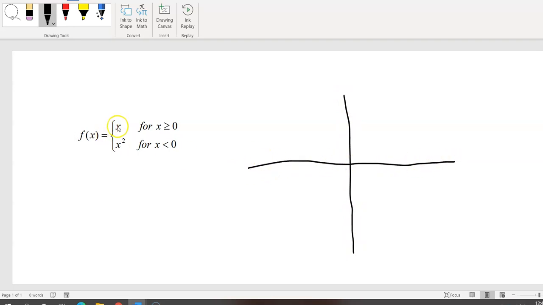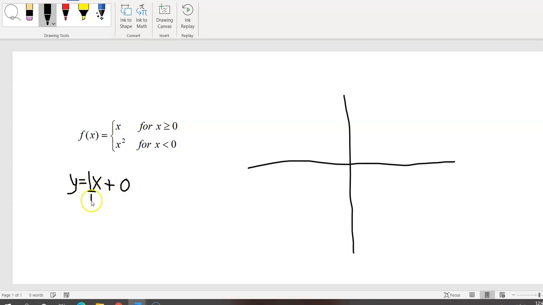All right, now we'll start with the first one, y equals x. And let's realize this is in the form y equals mx plus b. Our m is a 1, and our b is really a 0. It's just not written.